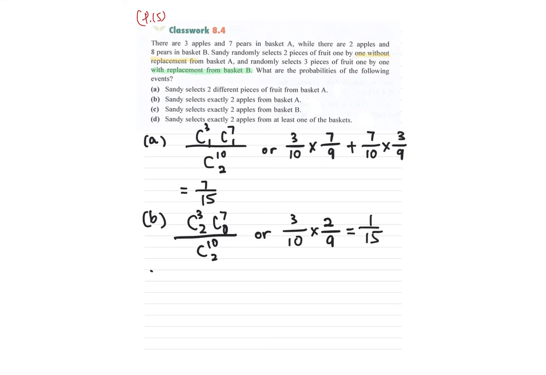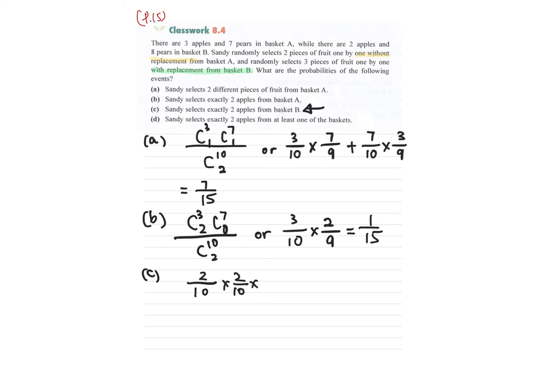And then part C. This is basket B, which is with replacement. If you say exactly 2 apples from basket B, you choose one by one, and 2 out of 10 are apples. So the first case is 2 over 10 to choose an apple, and the second one to choose an apple is also 2 over 10.